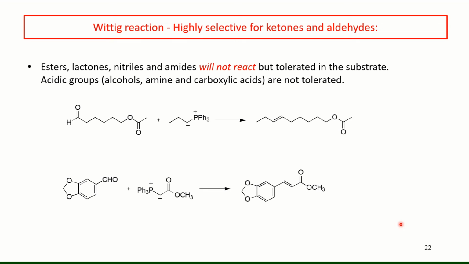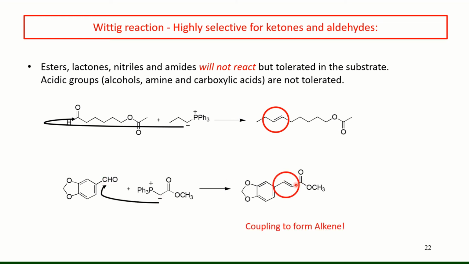So it's quite specific, this species, because it won't react with the carbon of esters. Yeah. So of course, given the option, we end up with the double bond being formed at the aldehydic species. Same thing here, yes? All right.